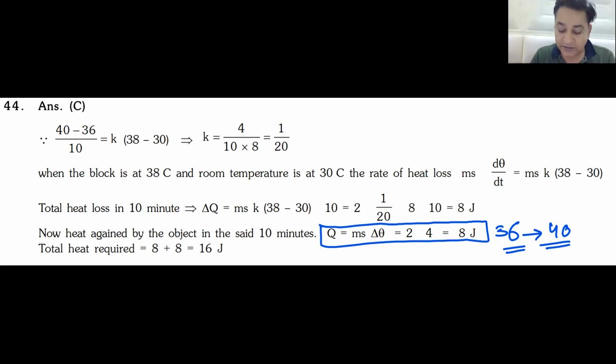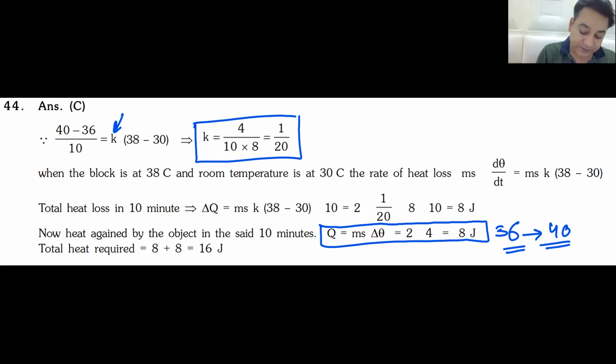So we will have to calculate that much amount which it has lost. You take the average, you take the mean, and you calculate the value of K. Then from this value of K, you find out how much heat is lost by the body in 10 minutes.